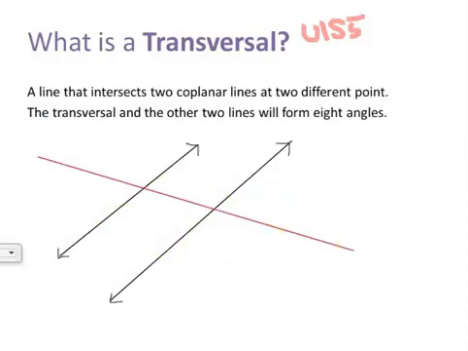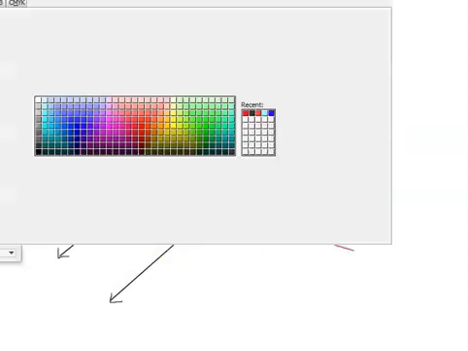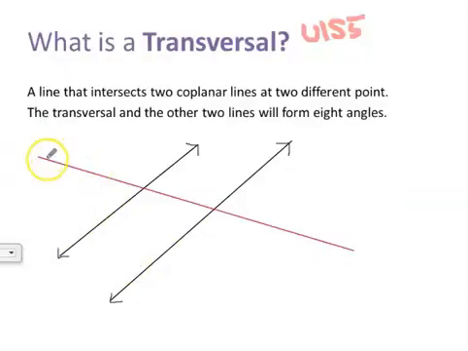Here we go. That's a transversal. It is a line that intersects 2 coplanar lines at 2 different points. It intersected here and here. So in red here, this is my transversal. The transversal intersected these 2 lines at 2 points.